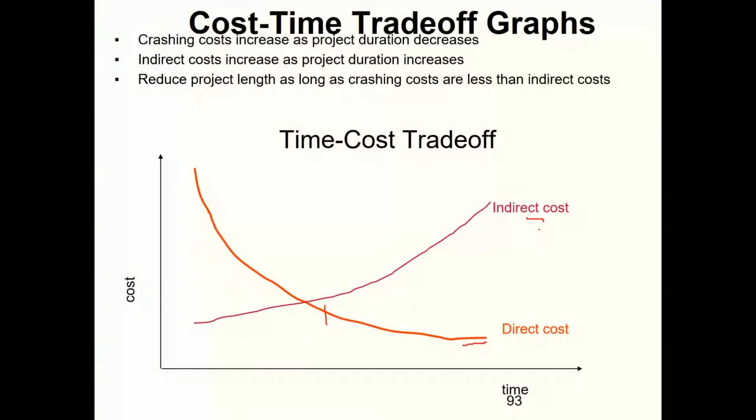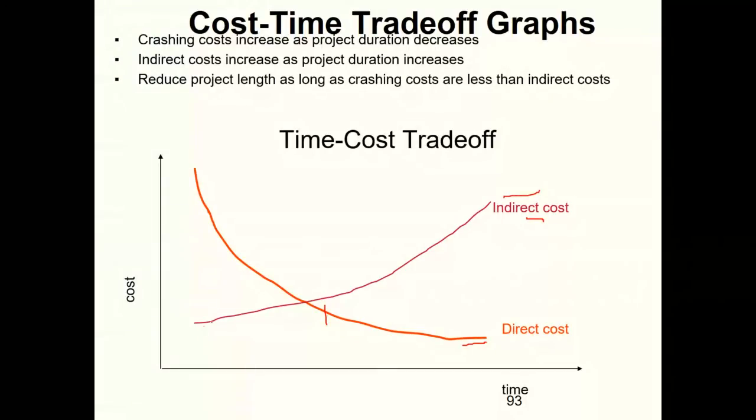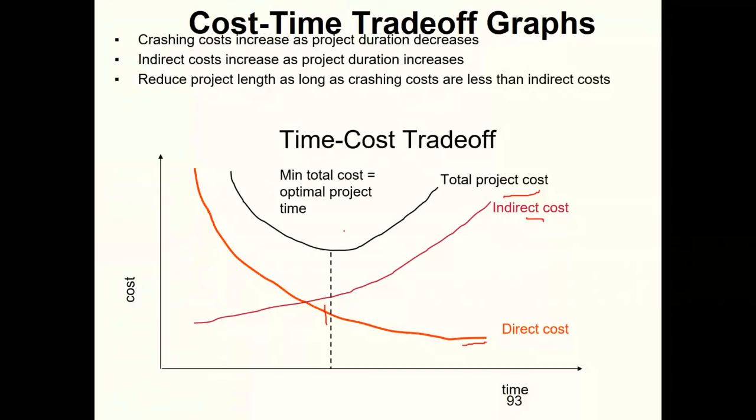In terms of the indirect cost, the relationship is an inverse relationship with time. So the longer you spend on time, the more indirect cost you would incur, and if you spend less, then you can incur less. So the time cost trade-off decisions are usually taken based on a summation of the direct and the indirect costs.